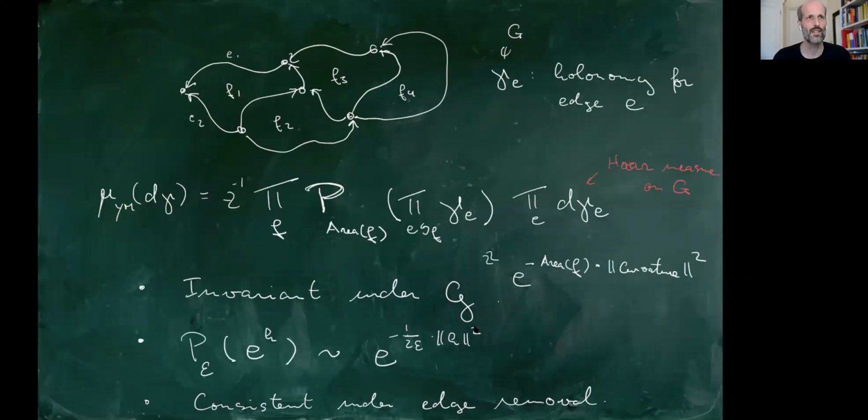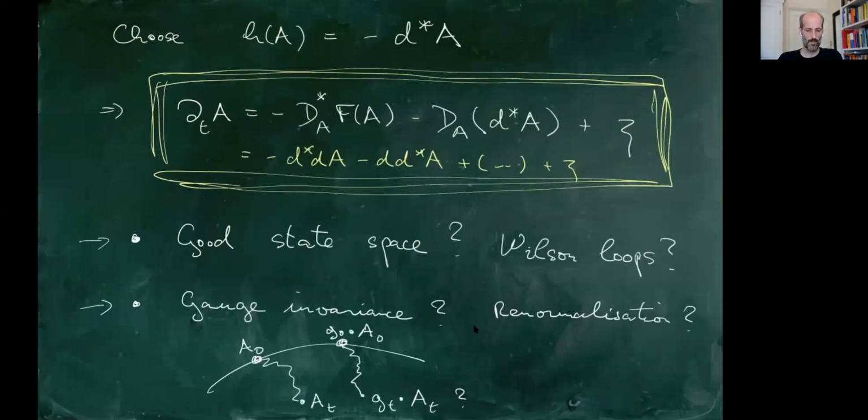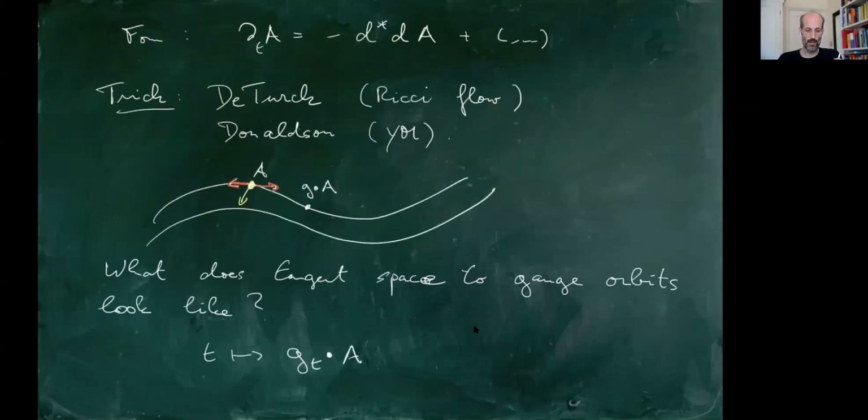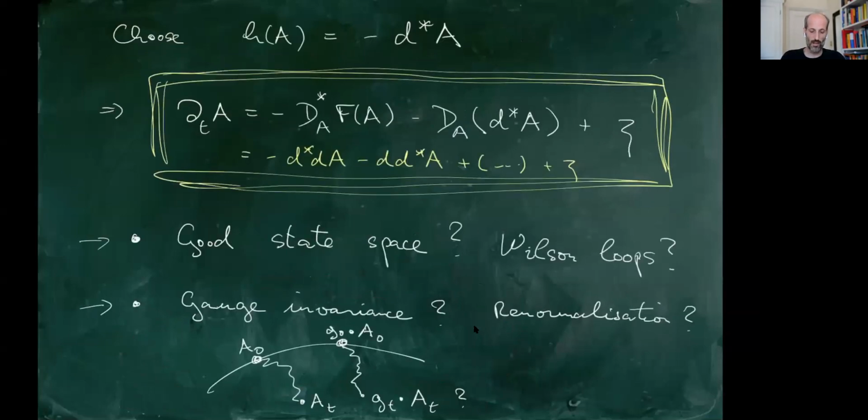I think there's a raised hand. For the processes where you wanted gauge invariance in the last slide, is it too much of a restriction that the gauge invariance doesn't depend on time? Yes, that's too much of a restriction. That's basically what would happen for this equation here. If you had a way of giving a meaning to this equation, then the same sort of picture as here would be true, but with this guy not depending on time, just being the same as G naught.